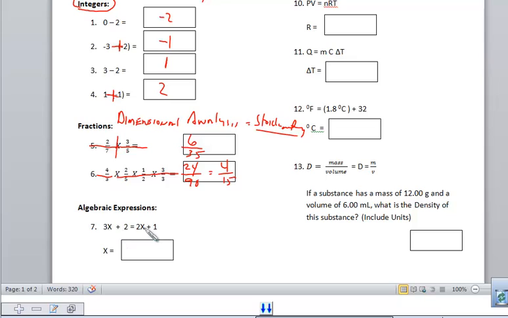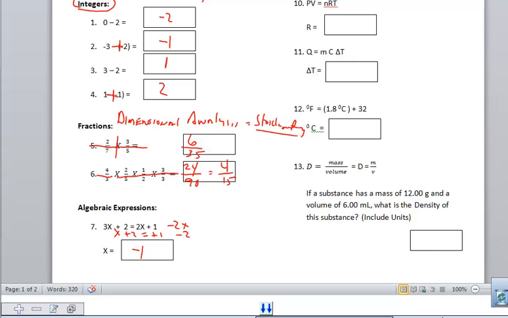In this case, since we have a 3x on this side and a 2x on this side, I would subtract 2x from both sides, and so you'd end up with x. You'd still have the plus 2 equals plus 1. Now I'd subtract 2 from both sides, and so 1 minus a positive 2 would give you a negative 1. So that's the first 7 there.